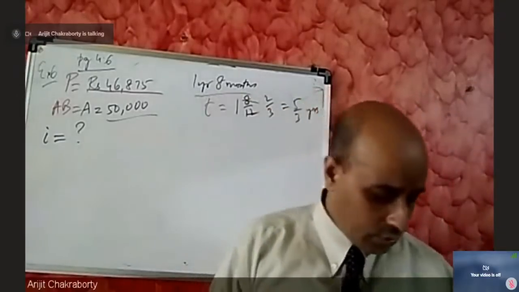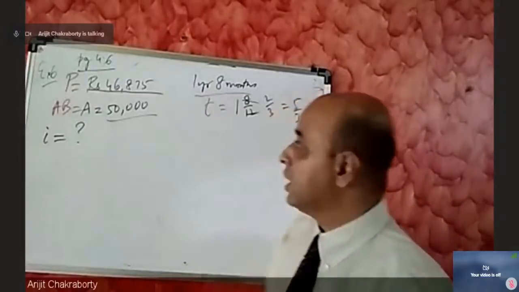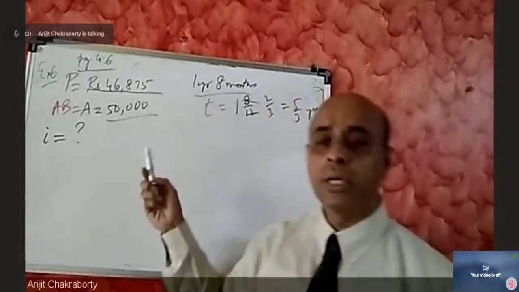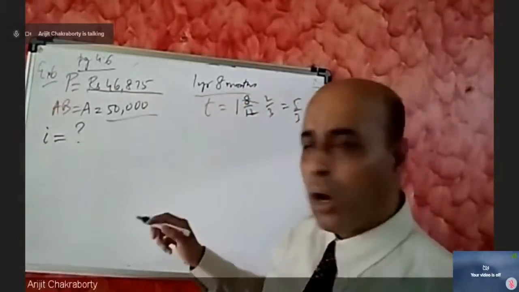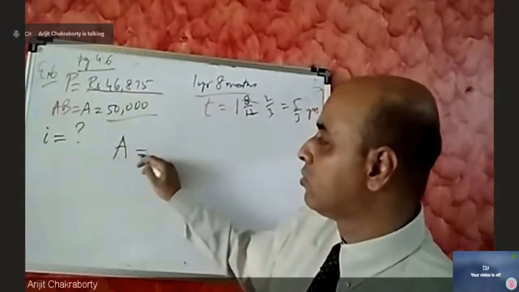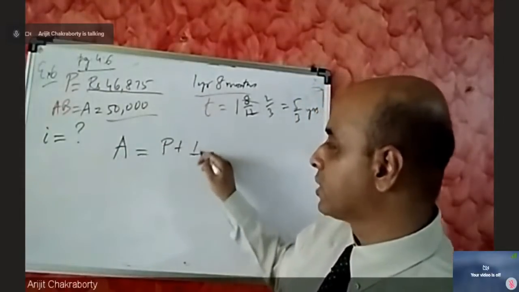So we can see that the time is 5 by 3 years, and we know the principal amount and the accumulated balance also. The formula you know is A equal to P plus interest.